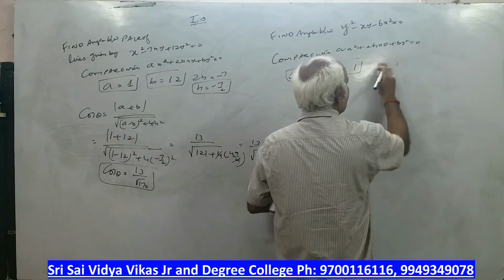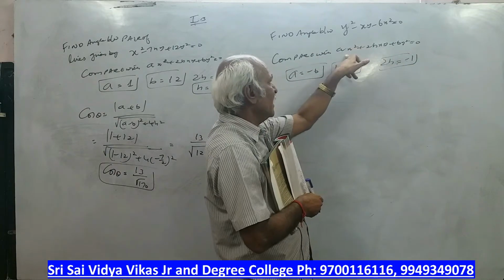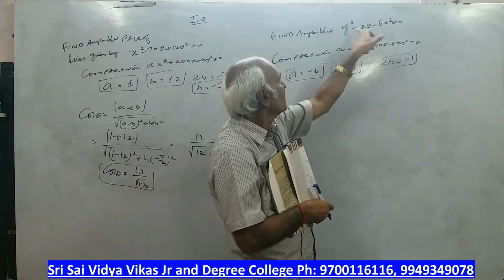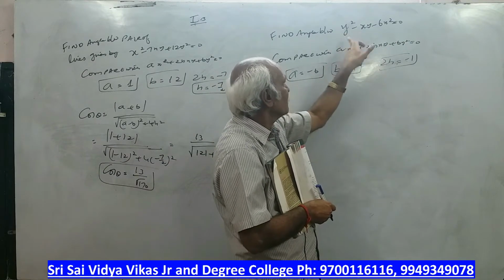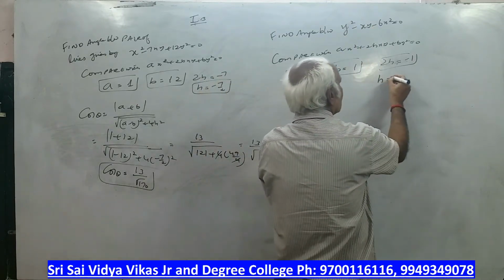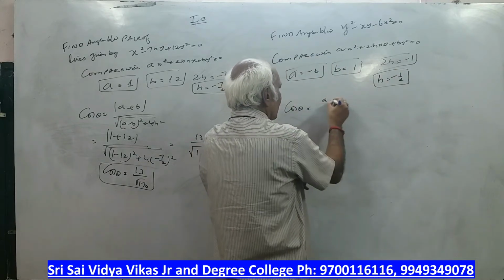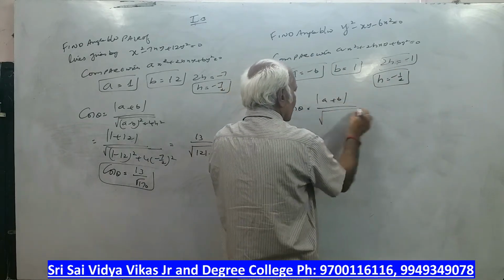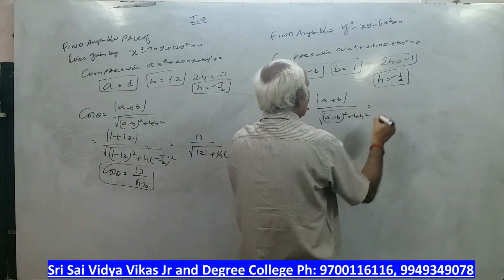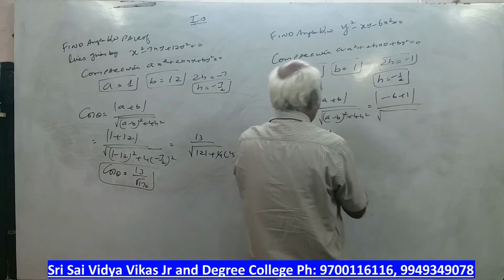Observe what we are doing: we compare, the x square coefficient is A, so here x square coefficient is minus 6. B means the y square coefficient, here 1, and 2h means the xy coefficient. So h is equal to minus 1 by 2. What is the cos theta formula? Modulus of A plus B by root of (A minus B) whole square plus 4h square. A plus B, minus 6 plus 1, modulus, by root of (A minus B) whole square.